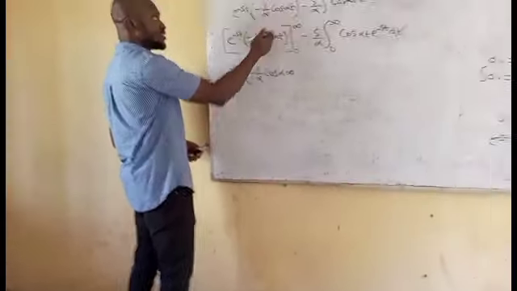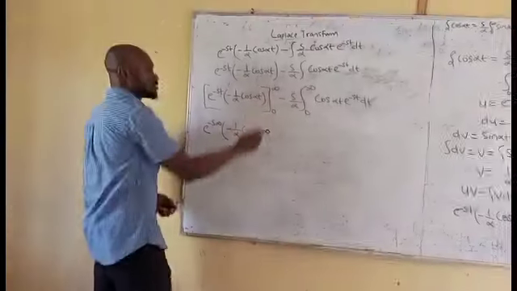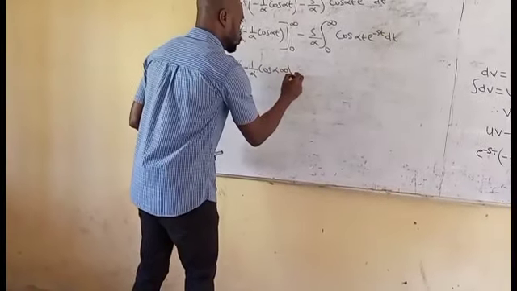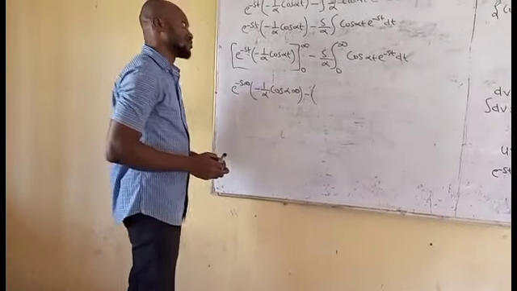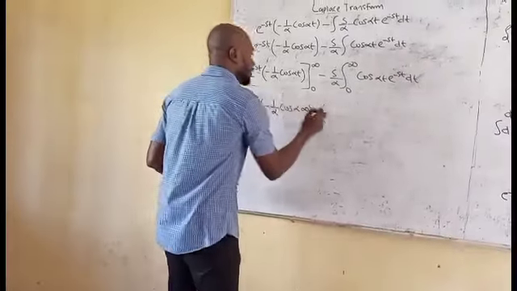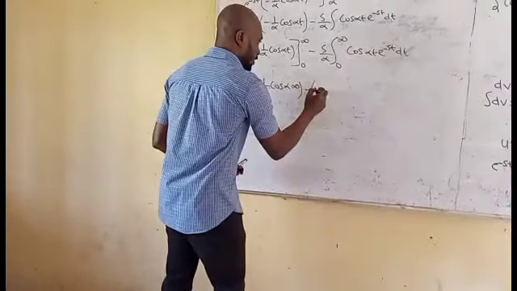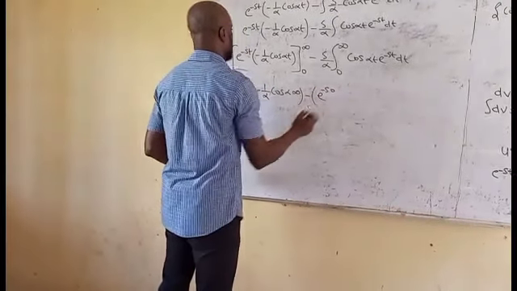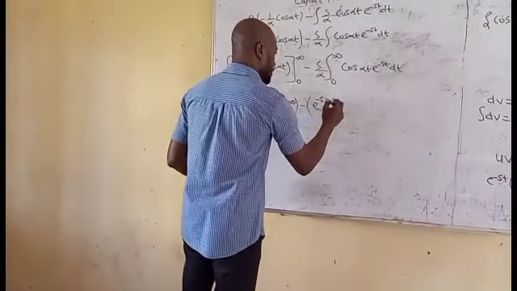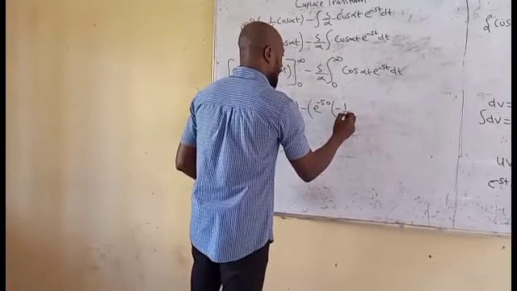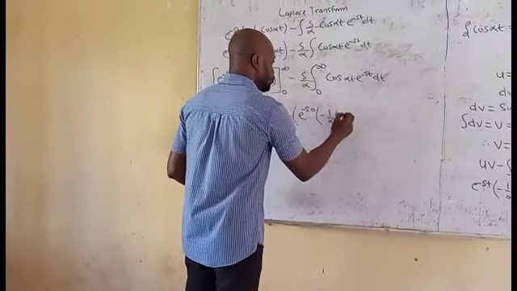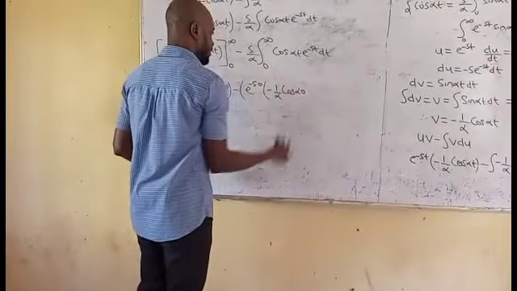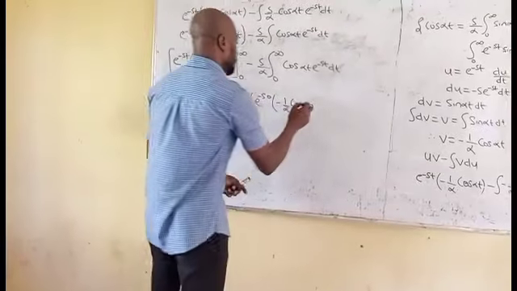T is my infinity, I'm starting with infinity, that's the upper limit. Now I say okay, minus the lower limit. My lower limit is 0. I'll start from this exponential minus s times my t is 0, then multiply by minus 1 over alpha cos alpha times t, 0, because my lower limit is 0.